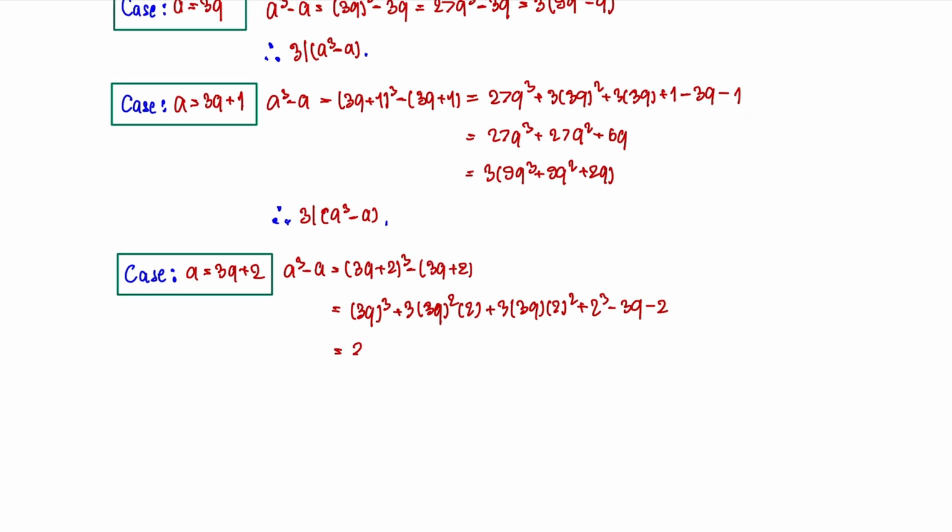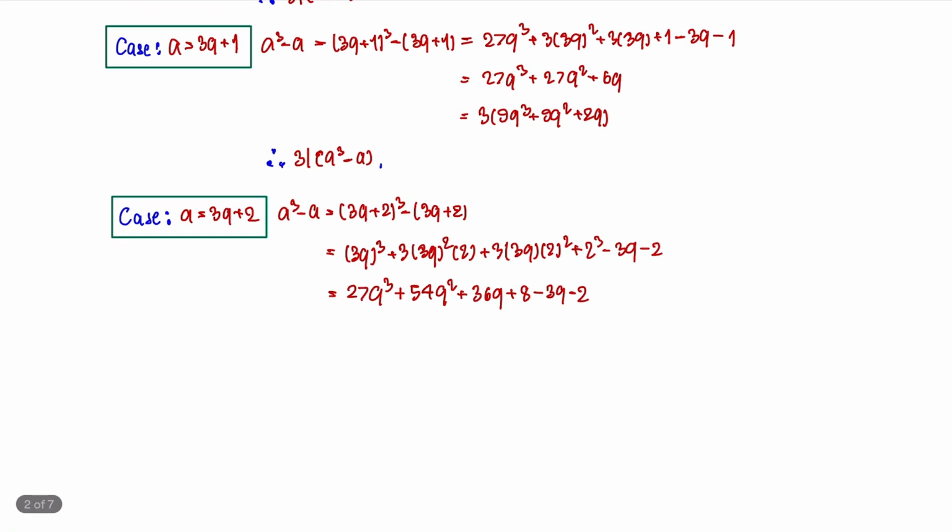Then it turns out to be 27q cubed plus 54q squared plus 36q plus 8 minus 3q minus 2. We're going to have 27q cubed plus 54q squared plus 33q plus 6.